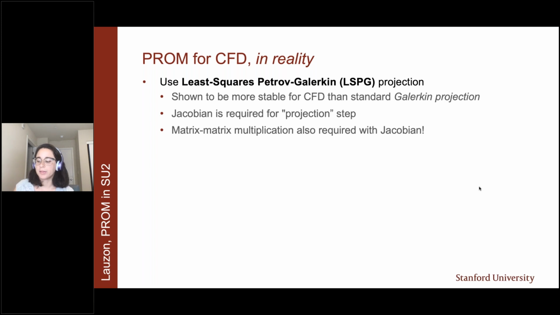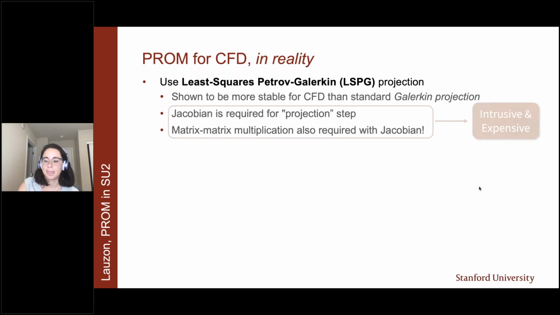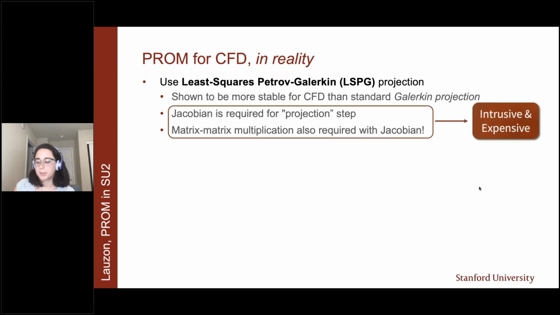It is a Gauss-Newton iterative approach for minimizing the residual. If you're familiar with Galerkin projection, a key difference is that the Jacobian is required for the projection step. And not only do we need to query the full Jacobian, we also need to multiply it with another large matrix. This makes this approach intrusive and expensive.